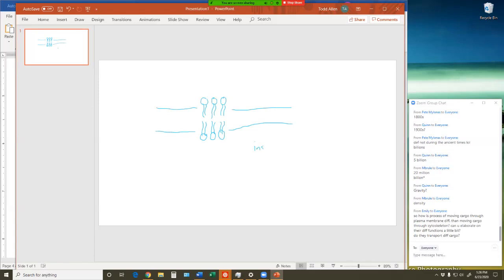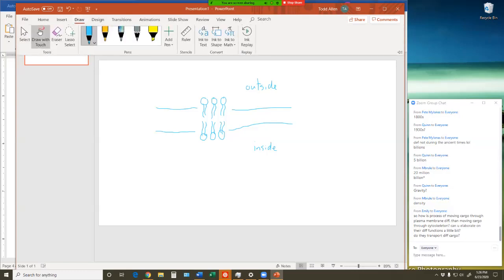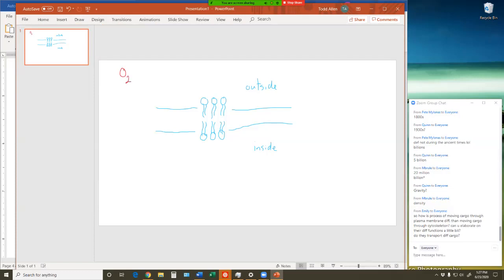And this would be inside the cell, and this would be outside the cell. What I am suggesting to you, Emily, is that for simple diffusion, oxygen molecules, okay, so O2, which I'll represent as tiny little dots, are so tiny that they can literally squeeze in between the phospholipids and enter inside the cell. Does that make sense, Emily?